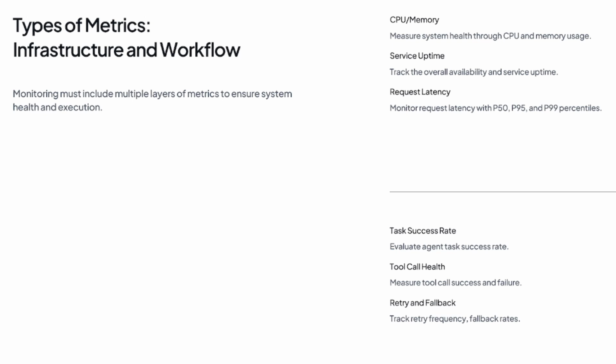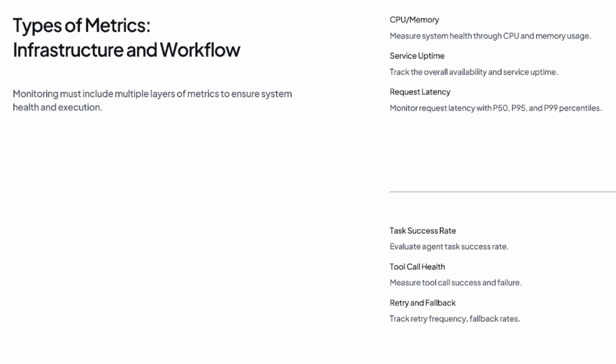Types of metric: we have infrastructure and workflow. So what kind of metric can you collect at a specific level? For CPU and memory level, you can measure system health through throughput and memory usage. Service uptime tracks the overall availability.